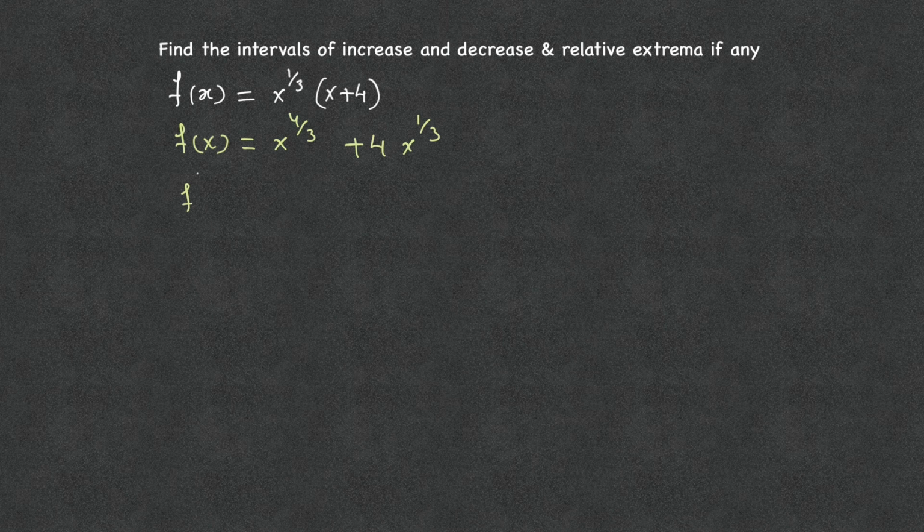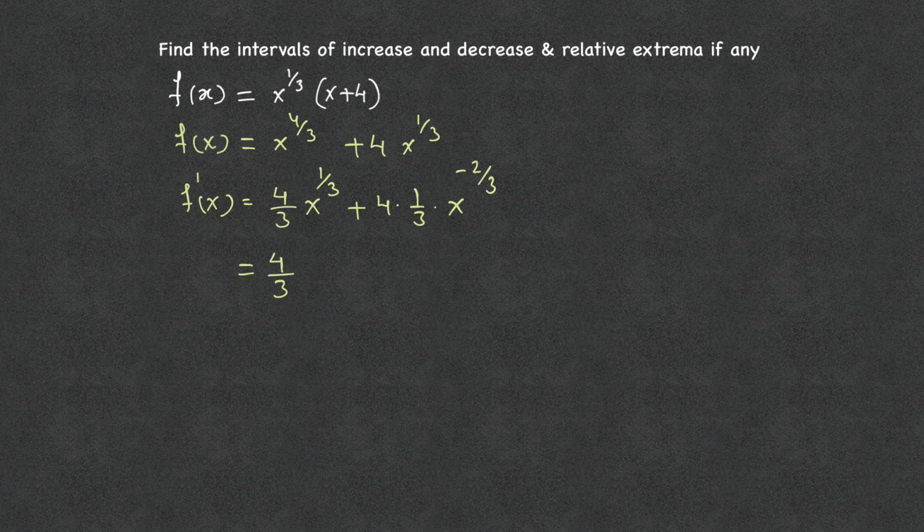Taking the derivative, f prime of x, we obtain 4/3 x to the 4/3 minus 1, which is 1/3, plus 4 times 1/3 times x to the 1/3 minus 1, which is negative 2/3.